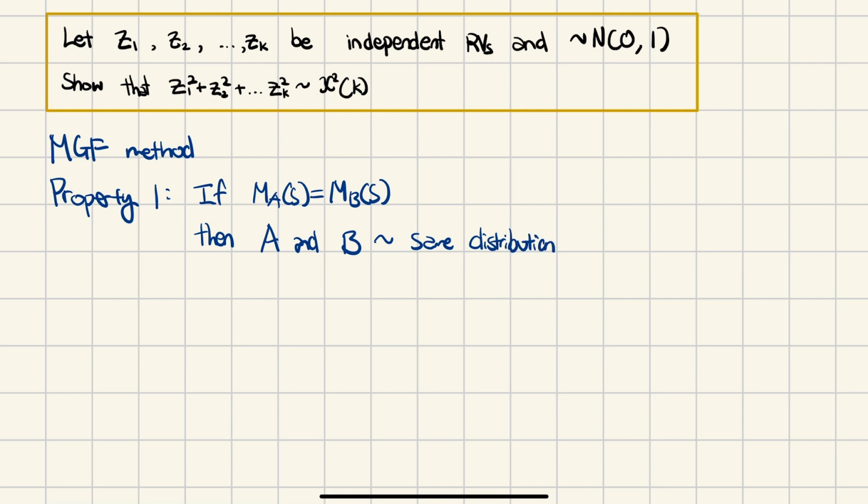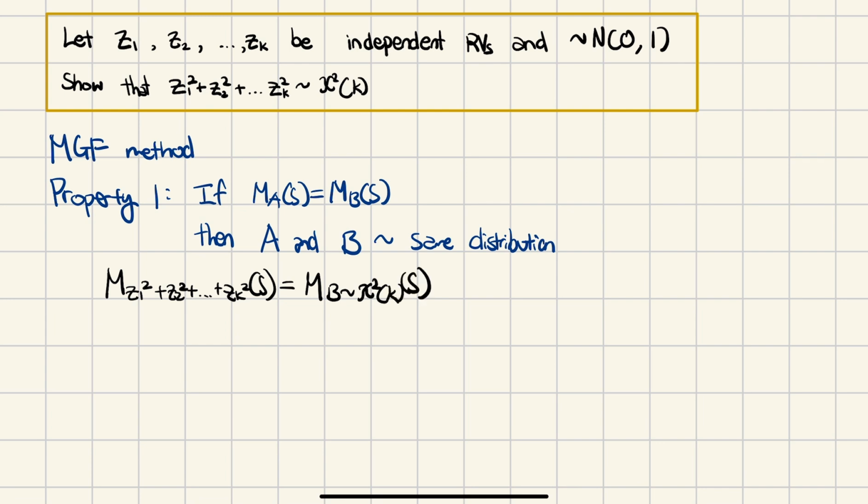Well, this property tells us that to show that z1 squared plus z2 squared all the way until zk squared follows a chi-squared distribution, we just have to show that the MGF of z1 squared plus z2 squared plus all the way until zk squared is equal to the MGF of a random variable following a chi-squared distribution.